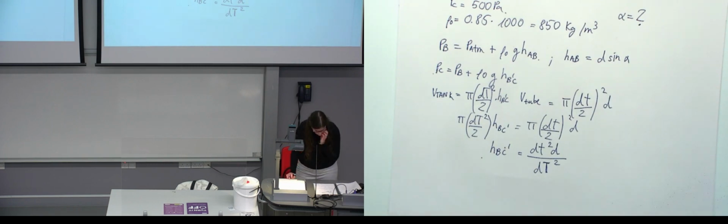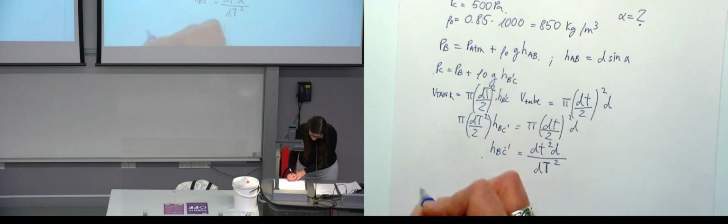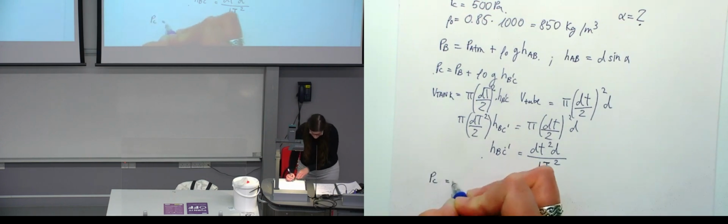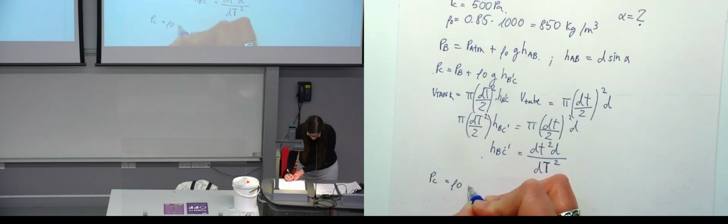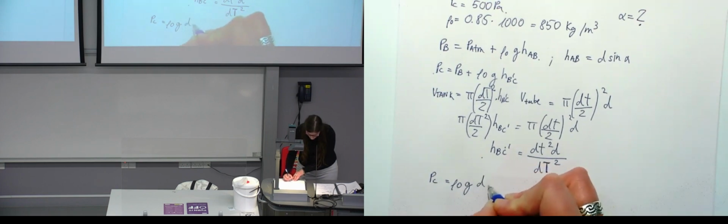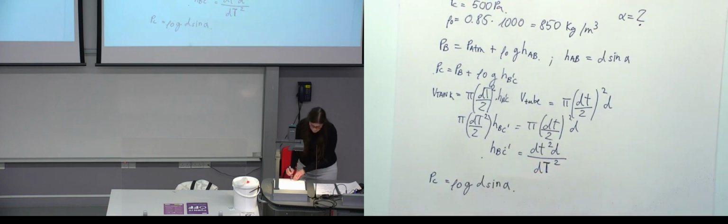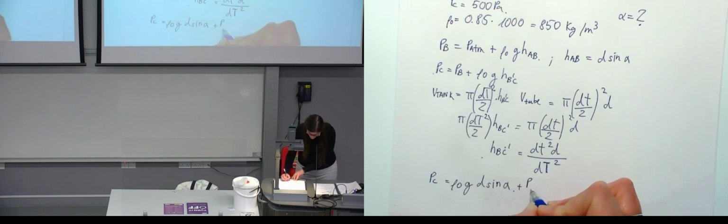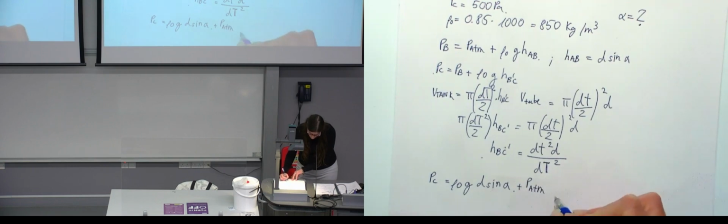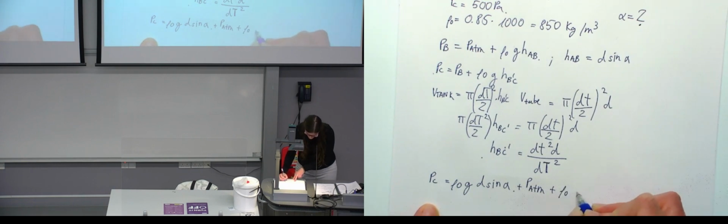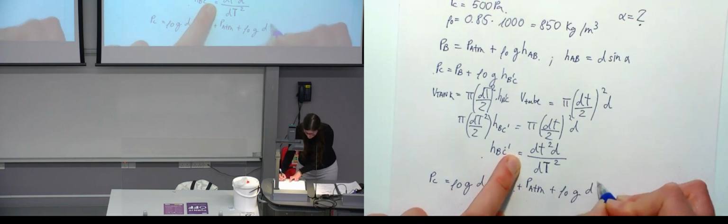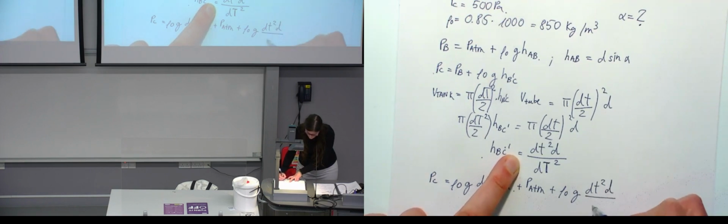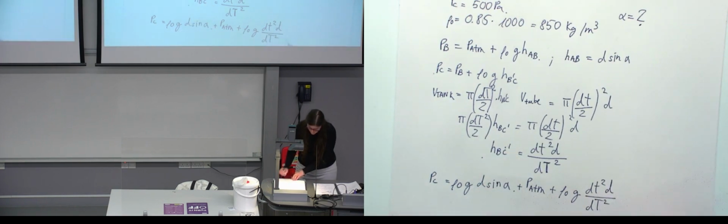So you get that PC is rho oil g d sine of alpha, because this is PV, plus the atmospheric pressure, and then plus rho oil g, and then dt squared multiplied by d divided by dt squared.